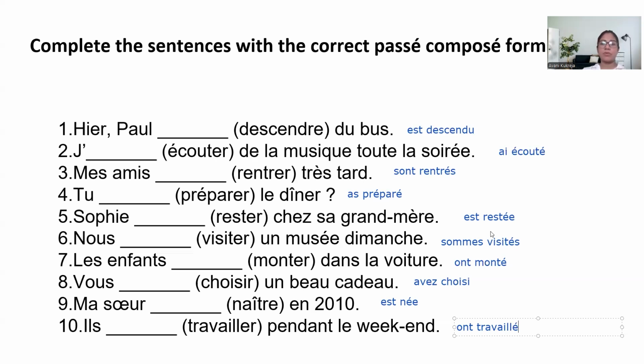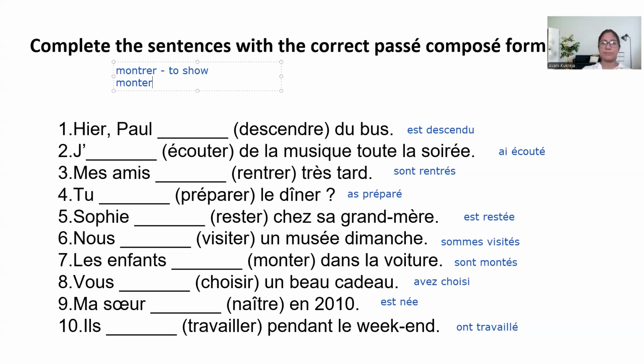Everyone, do you guys have any doubts? I'm sorry, I think this is Monte only. I'm so sorry, I misconstrued it as Montre. Montre is to show. Monte is to climb. Climb is an être verb, so it comes with être. Montre is to show.